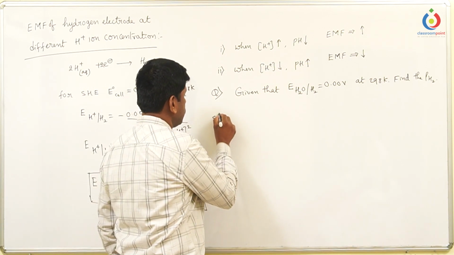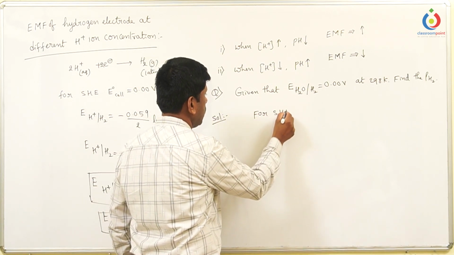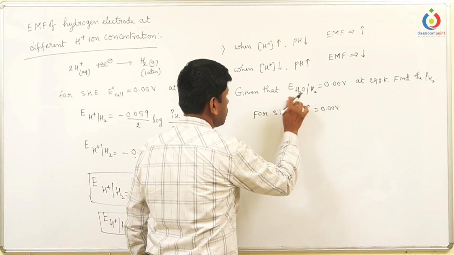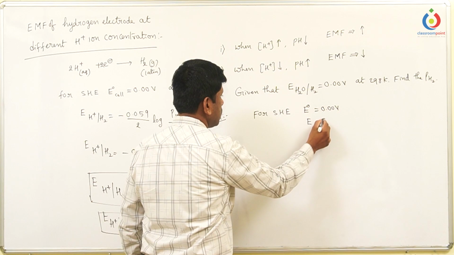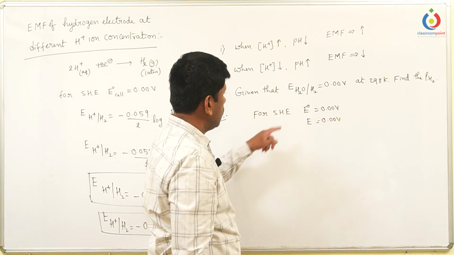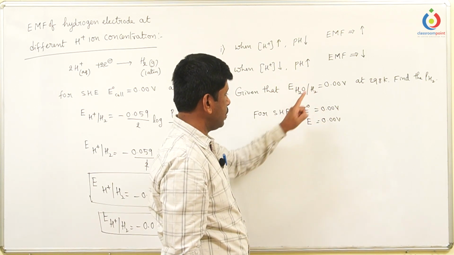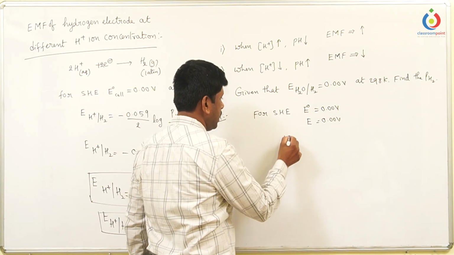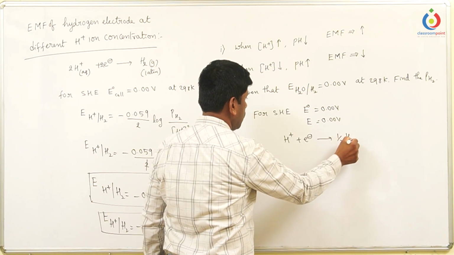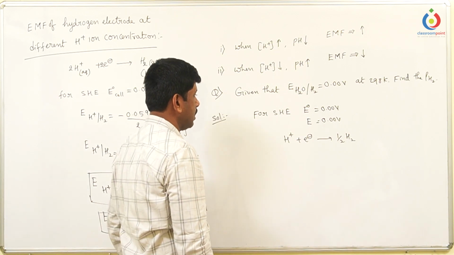Now the solution: for the standard hydrogen electrode, E0 value equals 0.00 volts, and the E value is also given as 0.00 volts. Now in this case, hydrogen in the plus form is converting into H2. That means a reduction reaction. So let us take H plus ion, taking one electron, changes to half a mole of hydrogen gas. Now let us apply the Nernst equation for this.